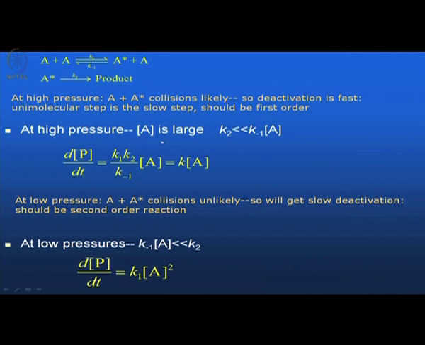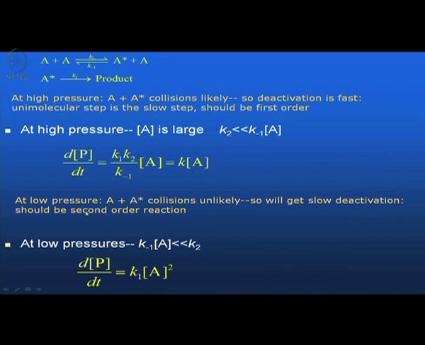Therefore, at high pressure the effective concentration of A is large, and you can neglect K2 compared to K minus 1 times A, and therefore the expression for the overall product formation rate is reduced to K1 K2 divided by K minus 1, which is nothing but some constant times the concentration of A. That means it is first order with respect to A. Okay. So, under high pressure condition only one molecule is involved in the overall rate equation.